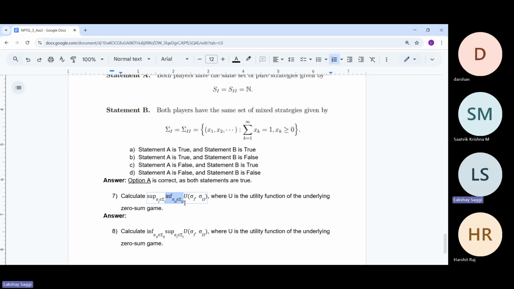Player two can think, suppose player one has only placed probabilities on the first million numbers. So player one has said to give 1 by million probability to each of the first million numbers. After a million, player one does not assign any probability to the remaining numbers.